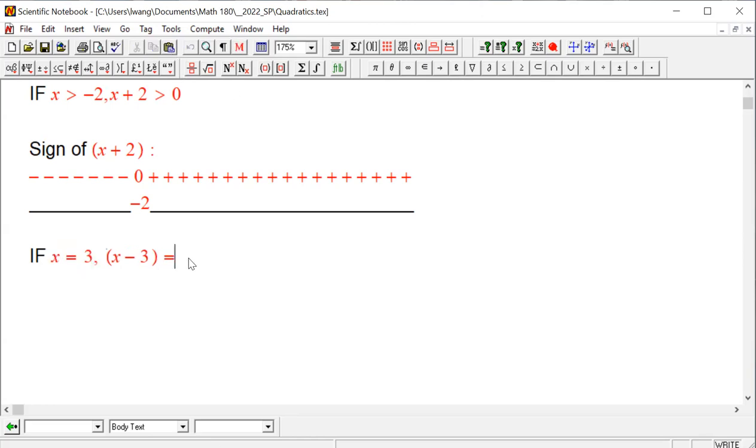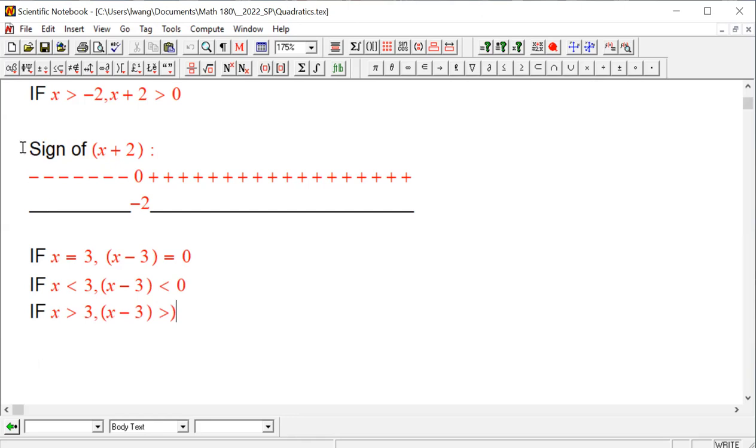If x is less than 3, x minus 3 is negative. And if x is larger than 3, x minus 3 is going to be positive. So we see another pattern.